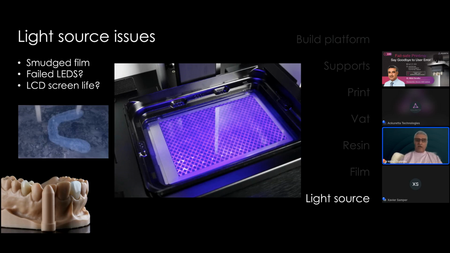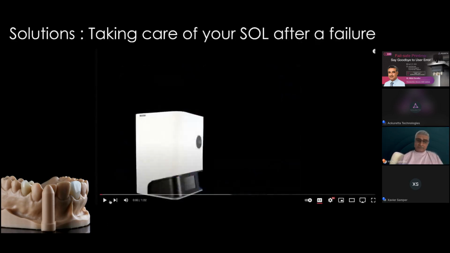Do it very, very carefully with highly absorbent tissue, very gently, and also do it with air. Again, you can also smudge the glass screen of your LCD, and that's something else that you can clean with dry tissue very, very carefully. All of that affects the transmissibility of the light source, and that can lead to failures as well, and that's something you can look at as well.